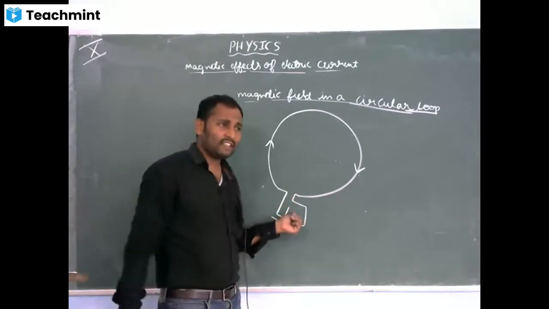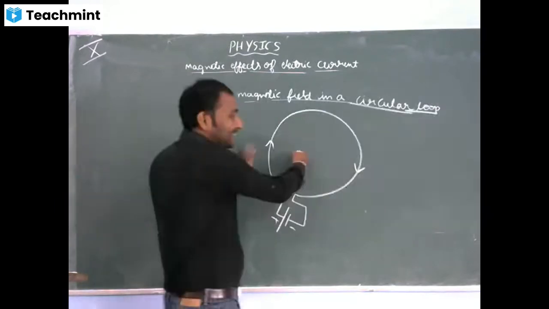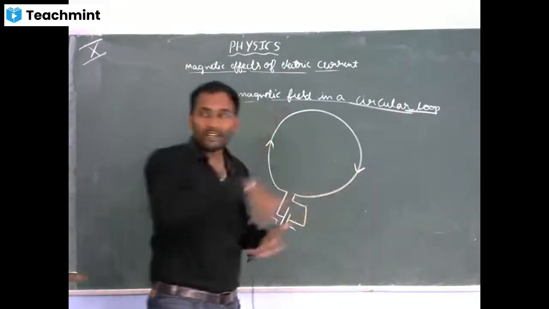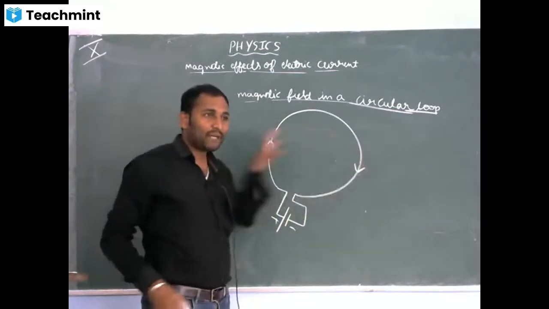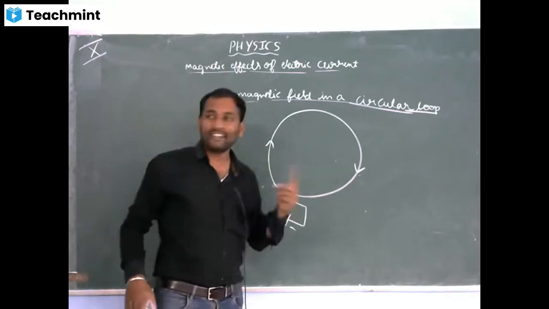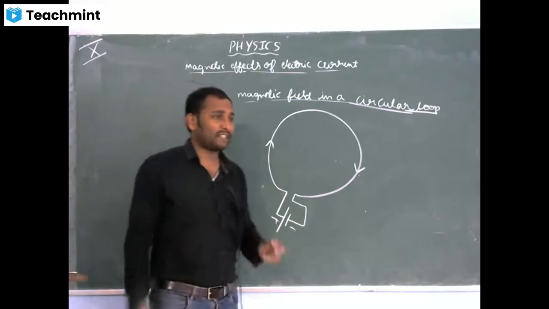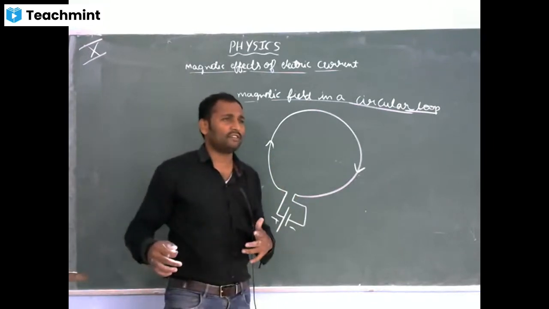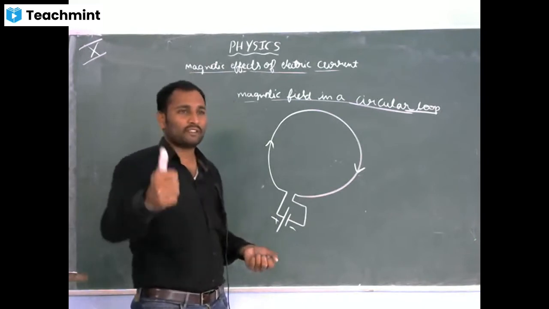So first thing, before doing this, I will place two sheets this side and this side. I'll pour some iron filings, then I'll get the pattern on both sides. Then by placing a compass needle at every point, I'll get the direction of magnetic field lines, right? So instead of doing that, there are some scientists who made physics easy for us, like Maxwell.